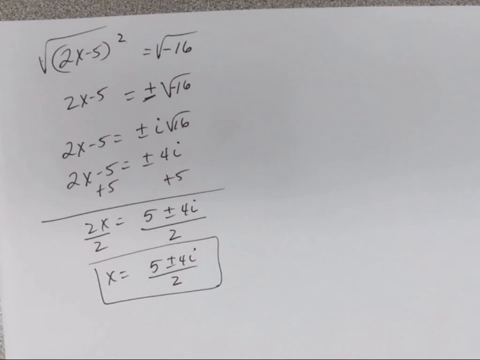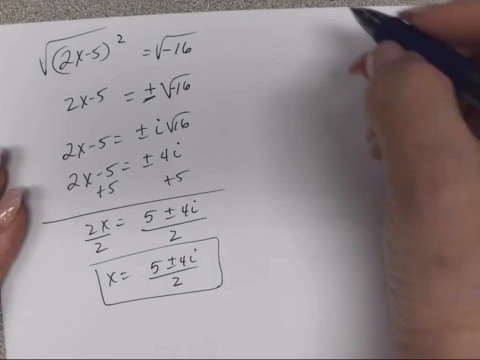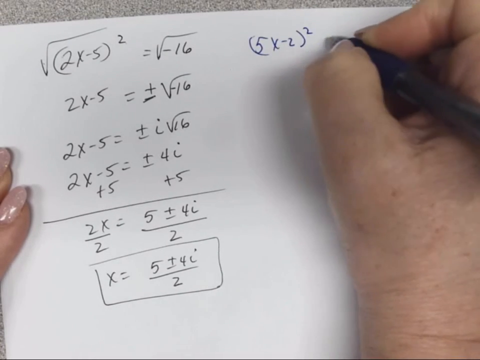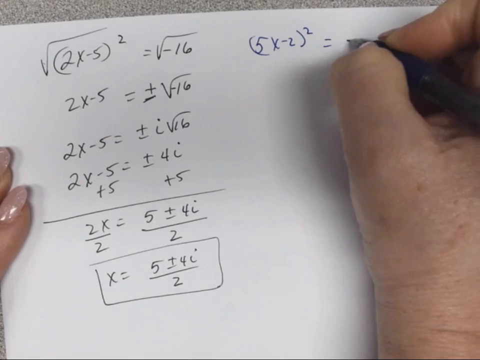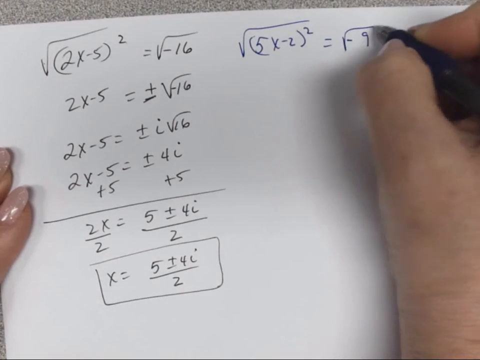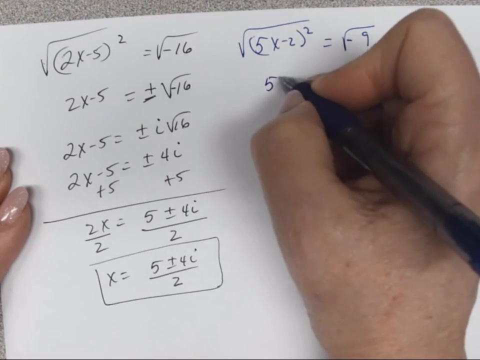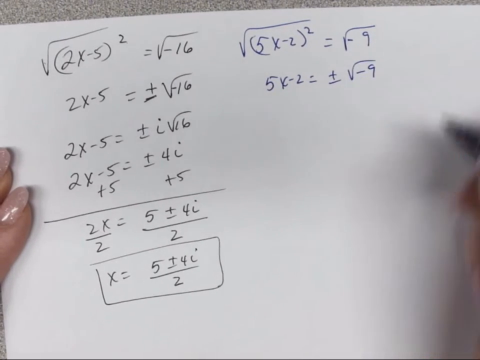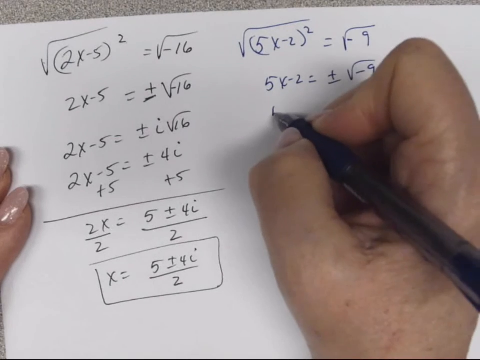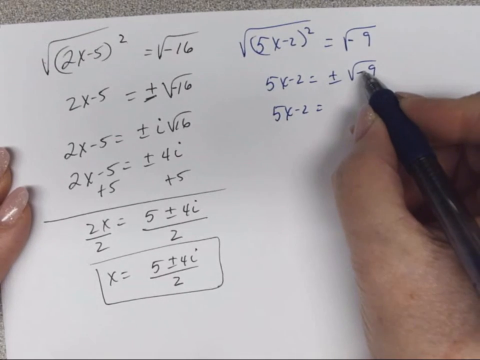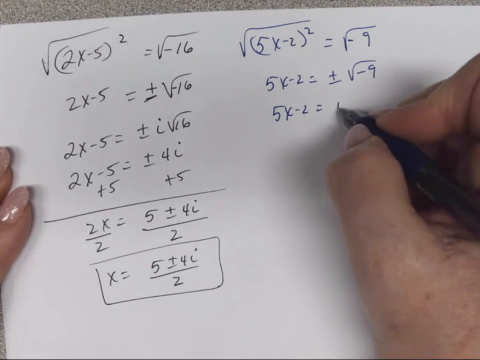All right, let's do a similar problem. So if we have 5x minus 2 squared is equal to negative 9, again, we're going to take the square root of both sides and get 5x minus 2 is equal to plus or minus the square root of negative 9. So 5x minus 2 is equal to, again, we have to take the negative out by putting an i.